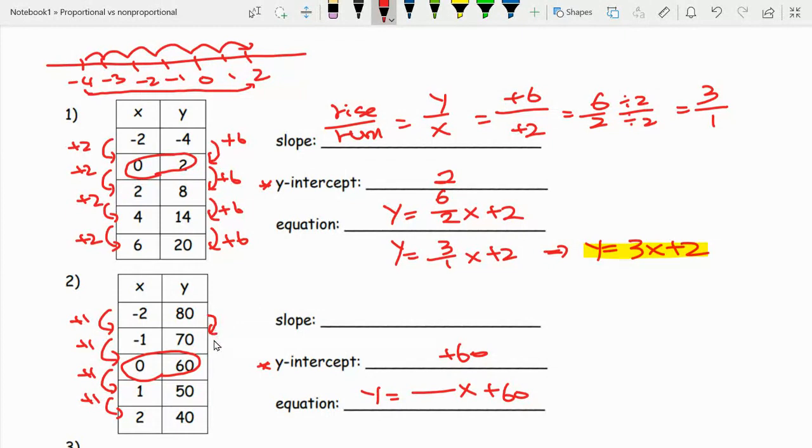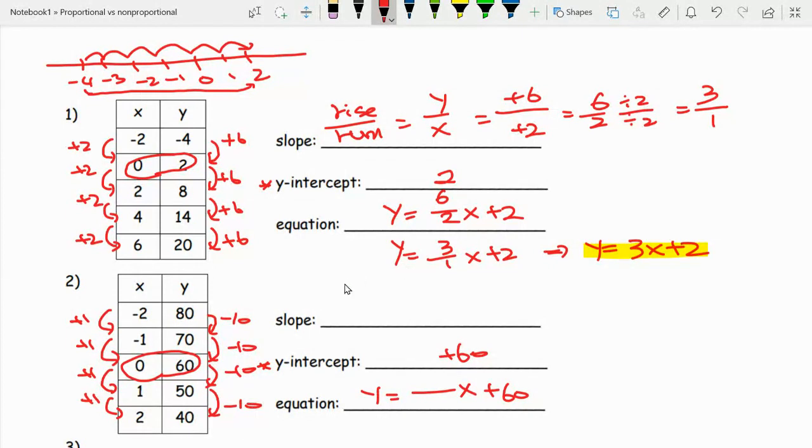80 becomes 70, 70 becomes 60, 60 becomes 50, 50 becomes 40. So I'm going down by how much? 10. It's been 10. 80 minus 10 is 70, 70 minus 10 is 60, 60 minus 10 is 50, 50 minus 10 is 40.